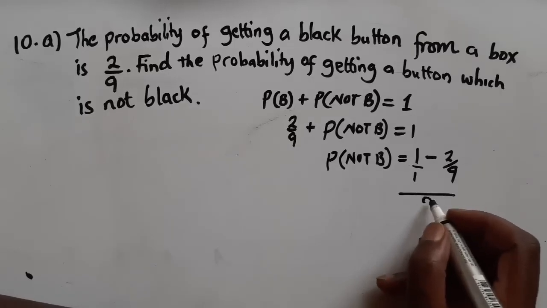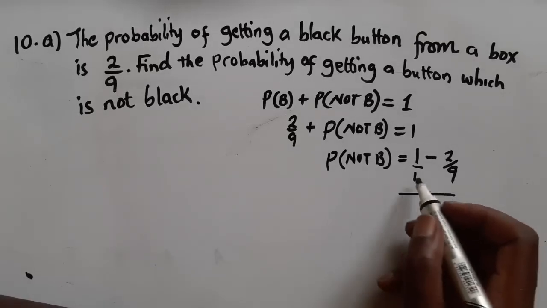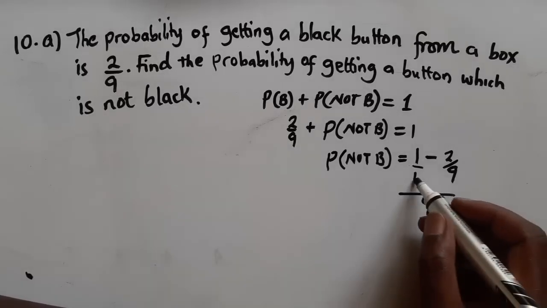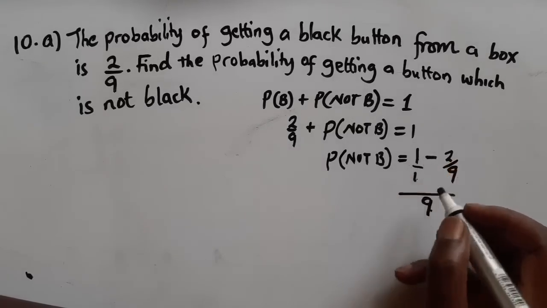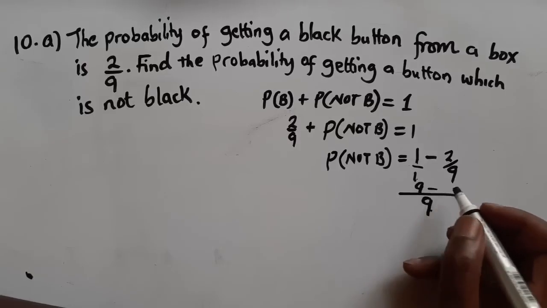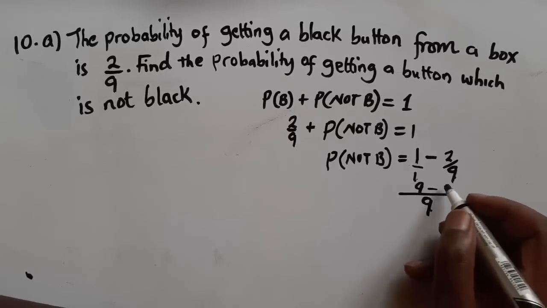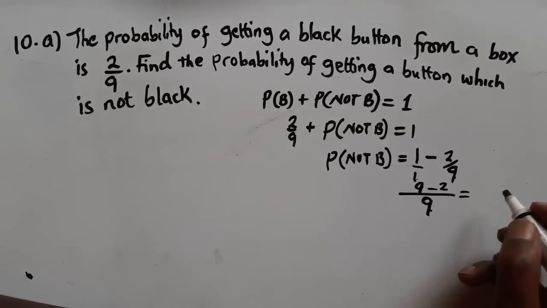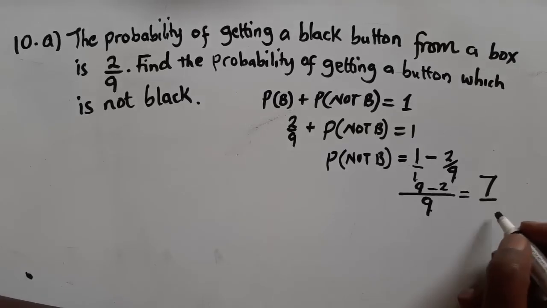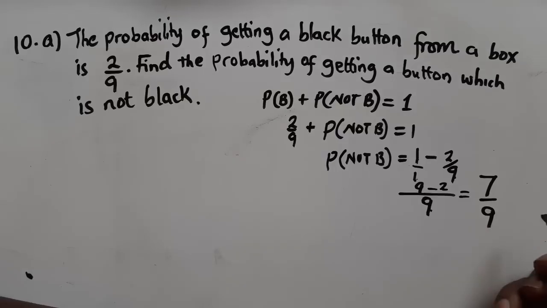The lowest common multiple here of 1 and 9 is 9. 1 into 9 is 9. 9 multiplied by 1, we get 9, minus 9 into 9 is 1, 1 multiplied by 2 is 2. So we are going to get 7/9. The probability of a button that is not black.